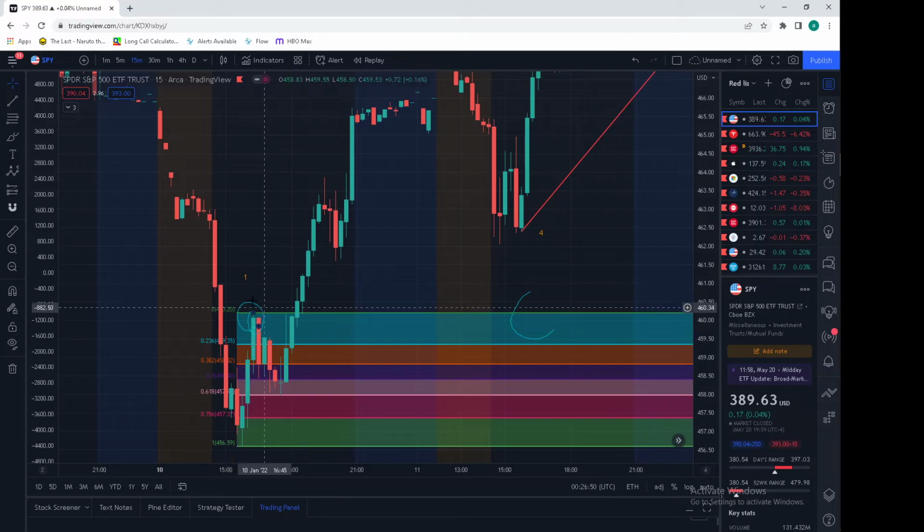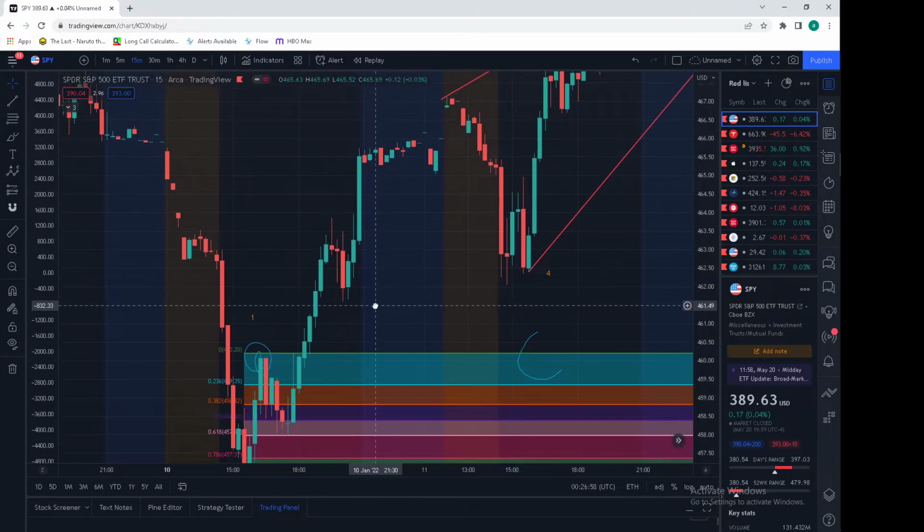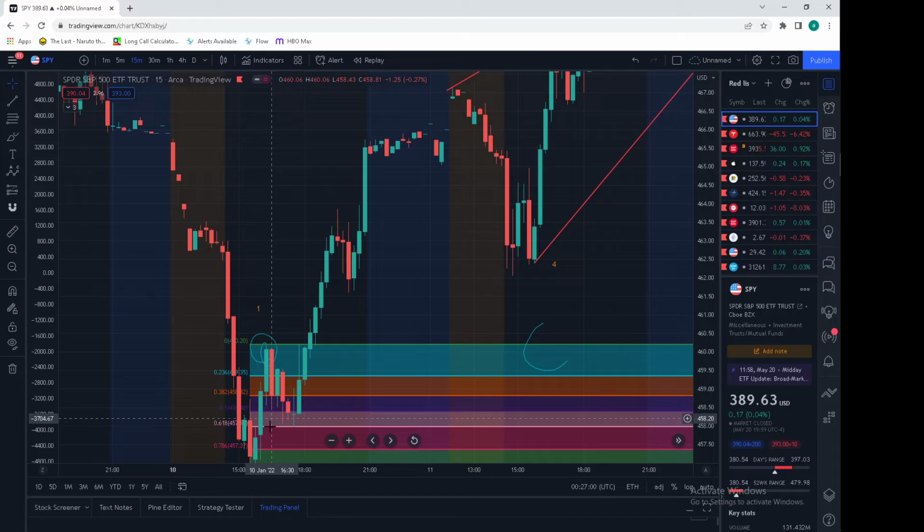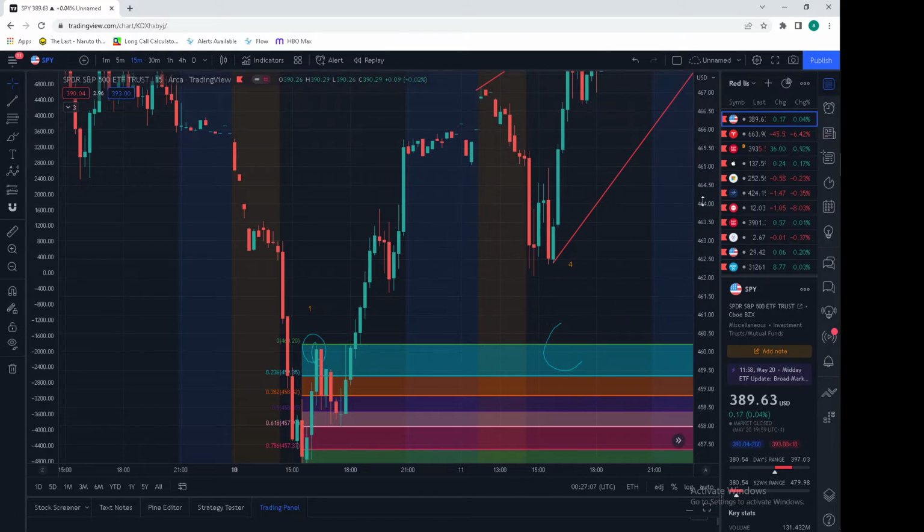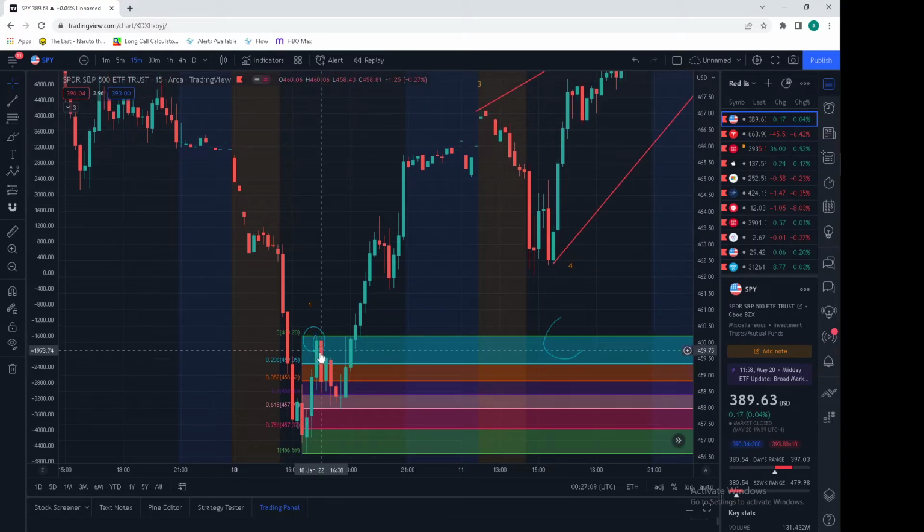So yeah, we're going to want to play puts because that 618 retracement is our support area, and then we can flip to calls here, because that's going to be a very, very natural support. Like I said, the 618 retrace is your golden pocket. If you're going down towards it, you know you're going to get some support there. But if you're going up towards it, you know you're going to get some resistance there. You know what I mean?